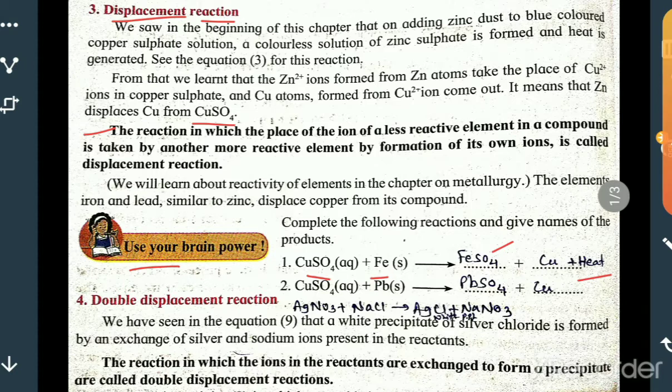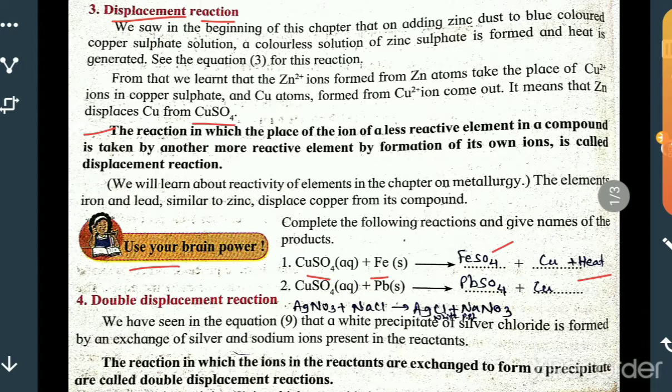Then the second reaction, that is copper sulfate, CuSO4 aqueous, plus Pb. It gives PbSO4, lead sulfate, plus copper. Pb is lead and PbSO4 is lead sulfate. Now this is about displacement reaction.